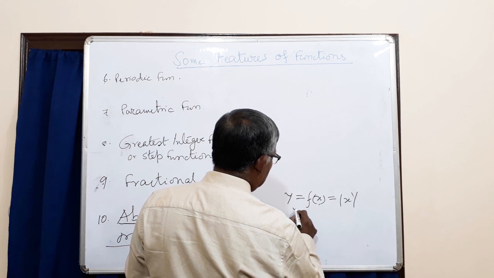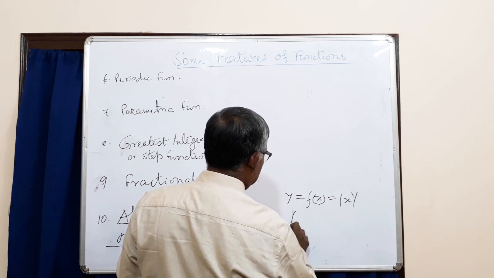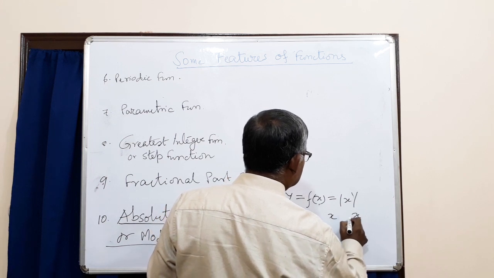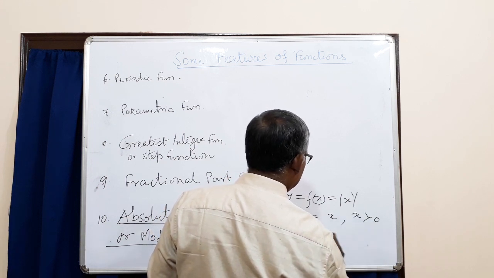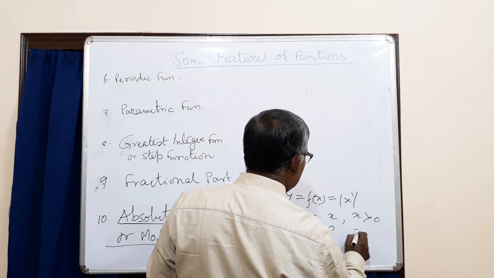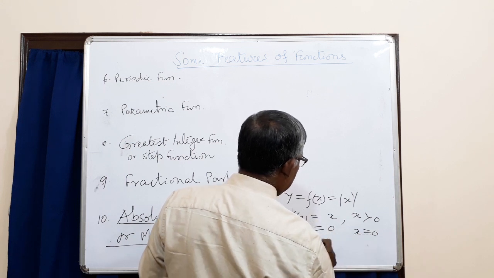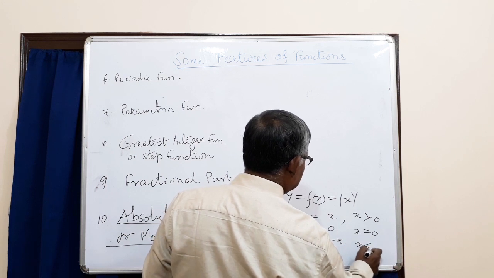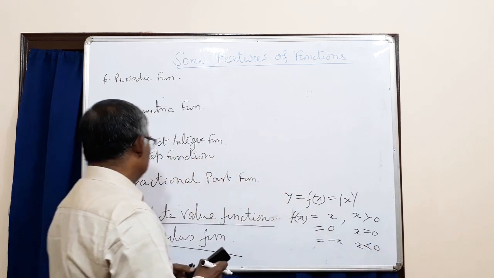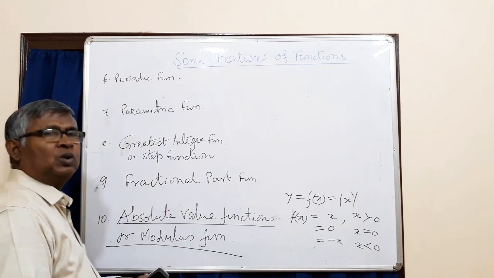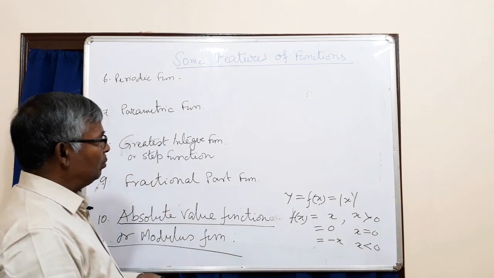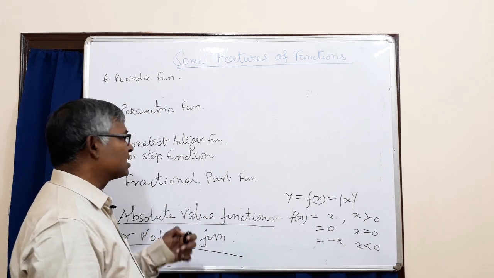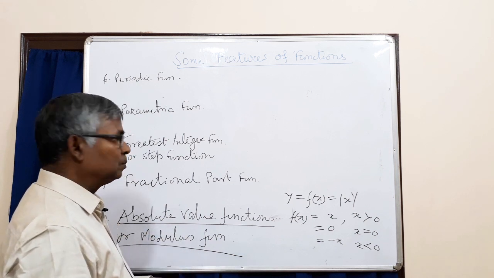You know f x equals x whenever x is greater than 0, equals 0 whenever x equals 0, and equals minus x whenever x is less than 0. This function is very much important for analysis. Later we will discuss it thoroughly.